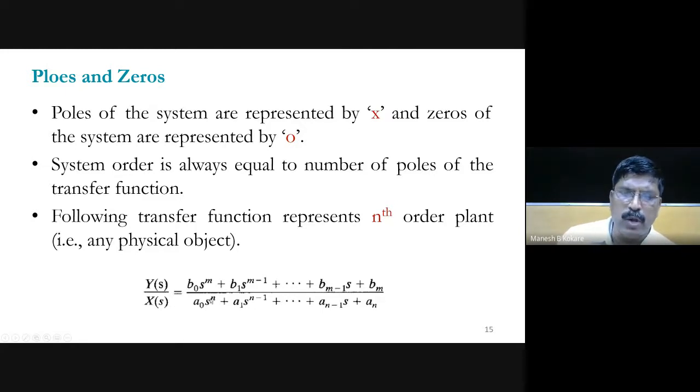So this value of n tells you the order of that system. If I say fifth order control system, it means the value of n is equal to 5. System order is always equal to the number of poles of the transfer function, and the following transfer function represents the nth order plant.